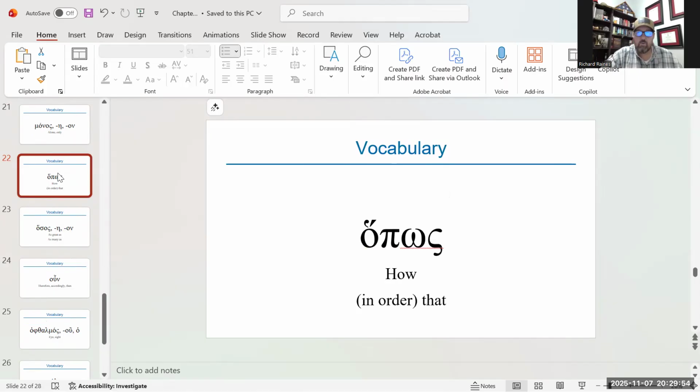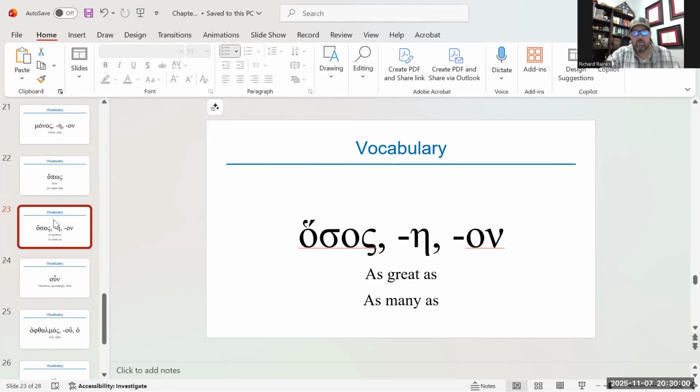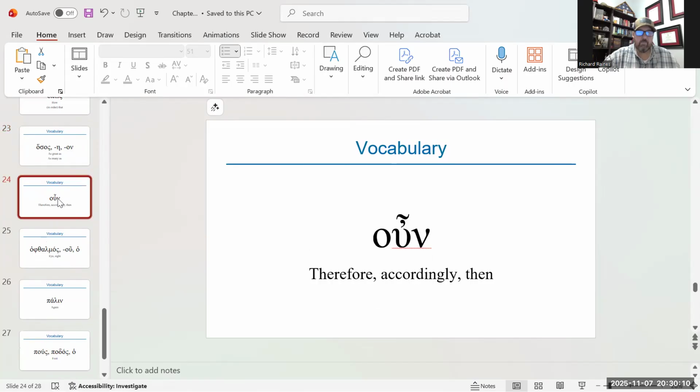Hópōs means how or in order that. We've got another rough breathing mark. So we have hósos, as great as, or as many as. Oún, therefore.